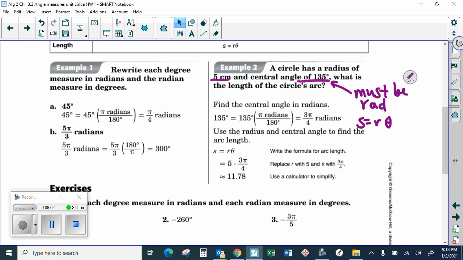Theta must be in radians, as we just pointed out. So I have to convert this from degrees to radians and then multiply it by the R, which is 5. So degrees to radians, again, degrees cancel out, so I make sure the degrees are in the denominator, therefore radians in the numerator. Simplify 135 over 180 down to 3 over 4. You can divide each by 45.